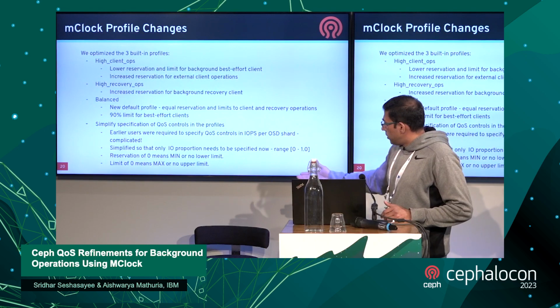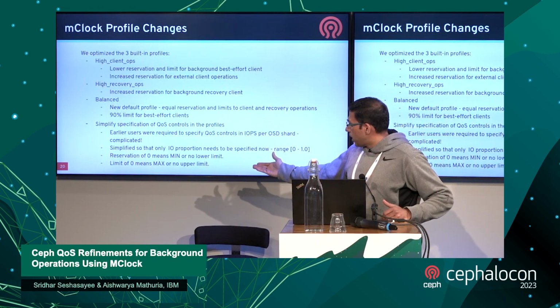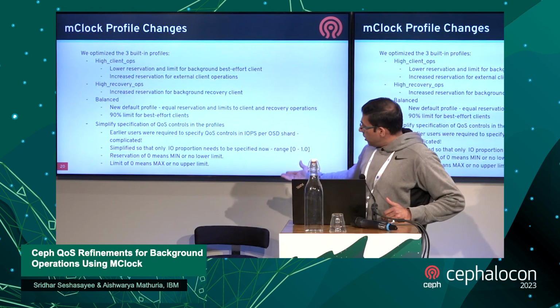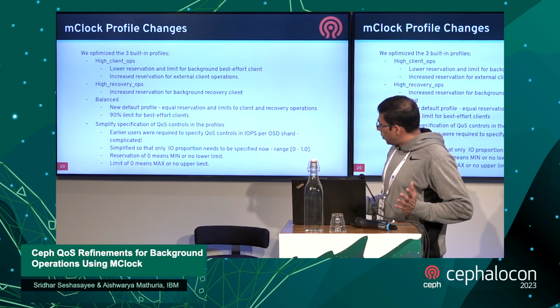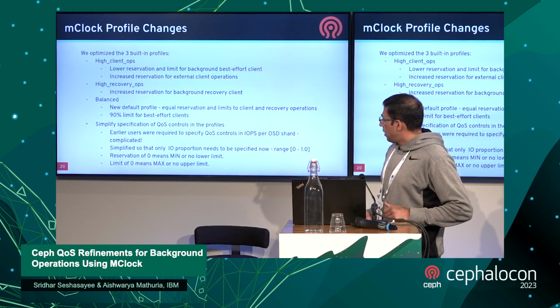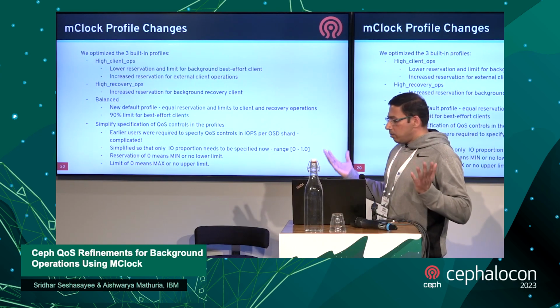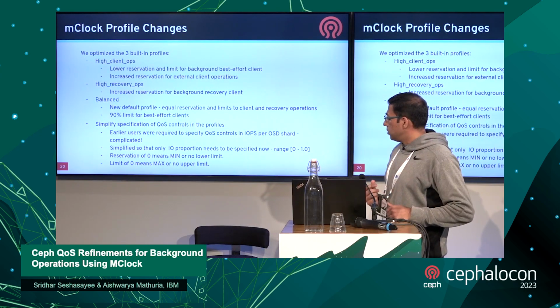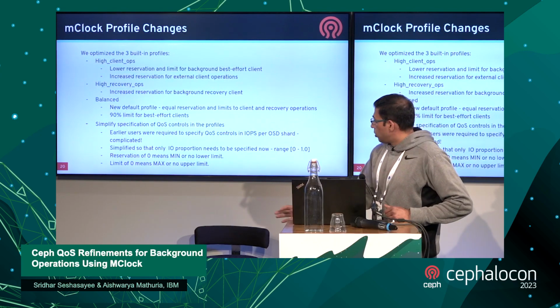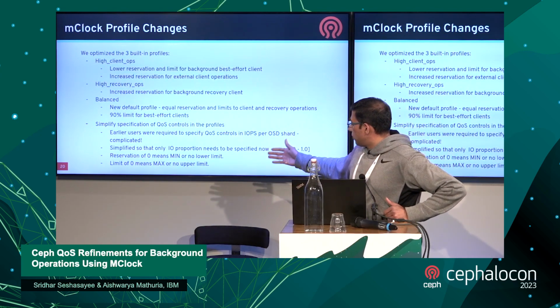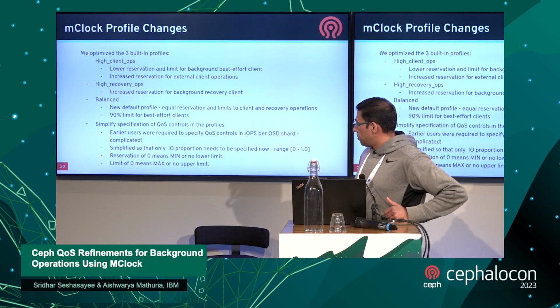If we have a reservation of 0, it means that there is no minimum lower limit for a service, and a limit of 0 means there's no upper limit that a client can use. So 0 means different things in terms of reservation and the limit parameters here.